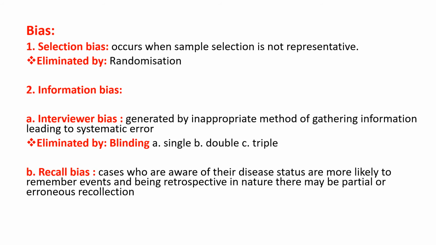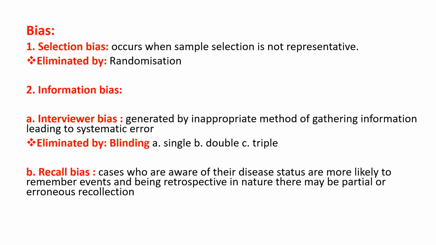Now coming to another type of information bias, that is the recall bias. Cases who are aware of their disease status are more likely to remember the events, and being retrospective in nature, there may be partial or erroneous recollection.